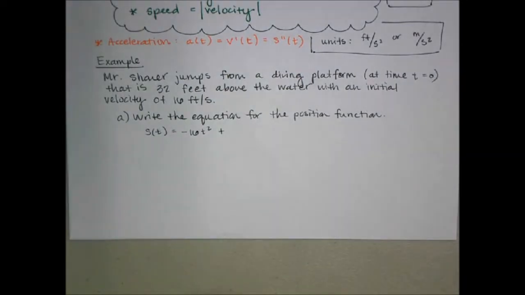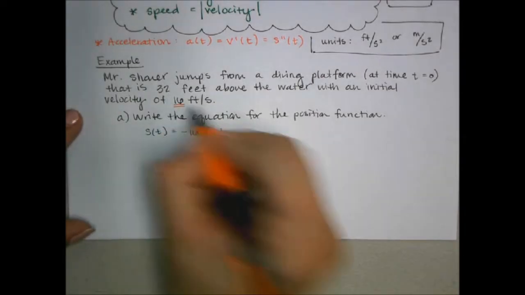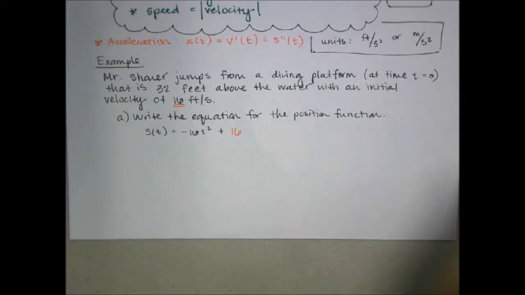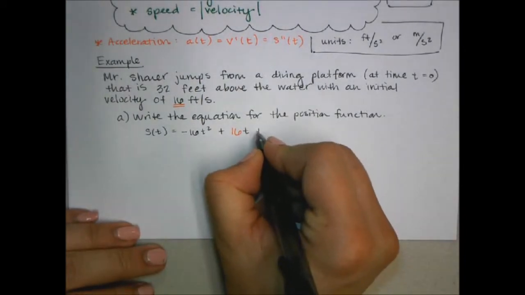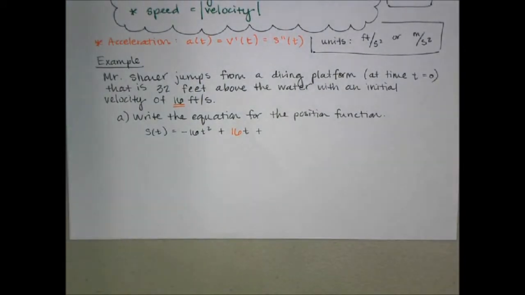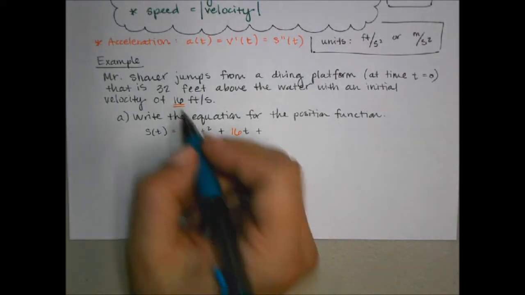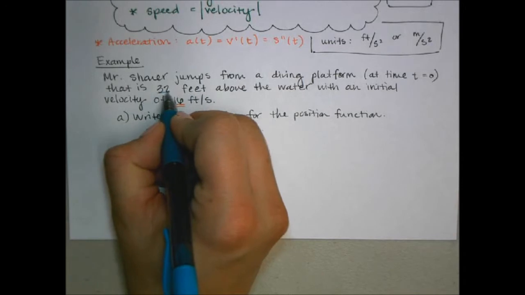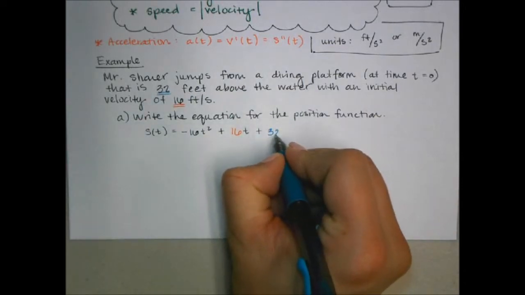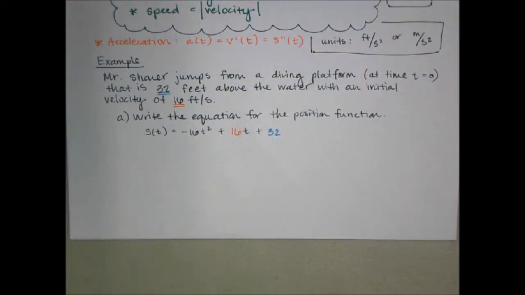Now his initial velocity was given to us. We were told that it is 16, plus his initial position. Now his initial position is 32 feet above the water. So he's up at 32. So that's it. That's part A.